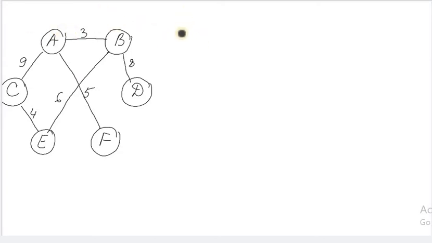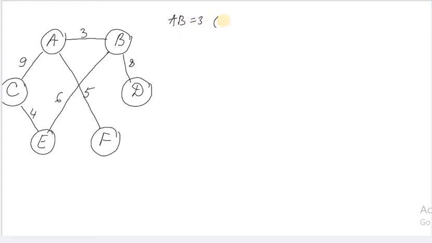The very first step of the algorithm will be to write out all of the edges that we have. Alright, so let's start from A, just alphabetically, it doesn't really matter. So from A we have an edge to B and its cost is 3.